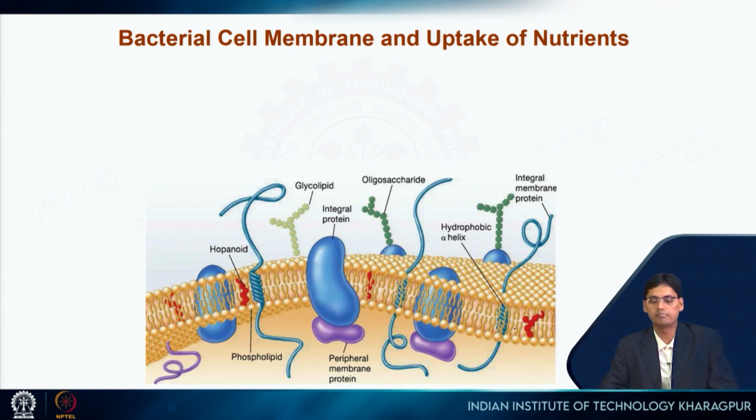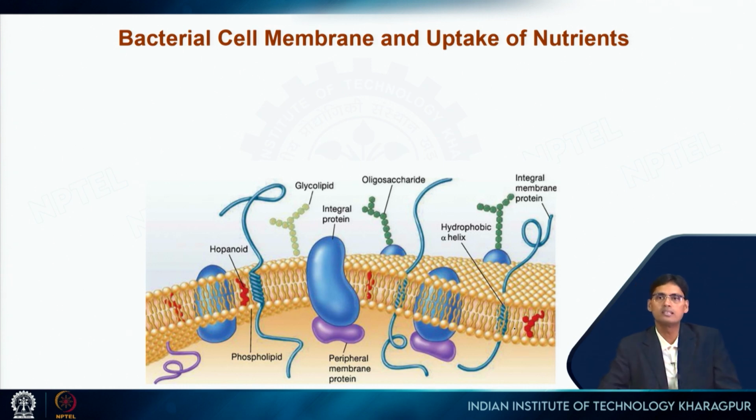So, bacterial cell membrane and uptake of nutrients. Why is it important? As I already mentioned, on the surface you have the membrane first. It separates the cytoplasm inside from the outside environment. Just after the plasma membrane, we have the cell wall and sometimes an outer envelope.